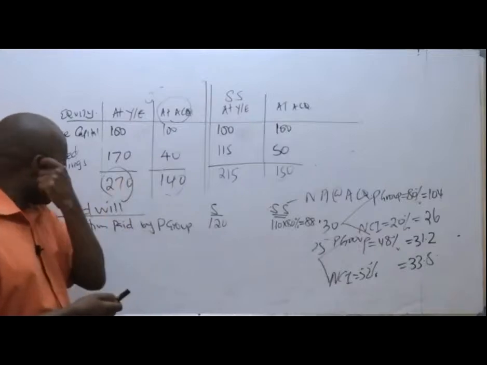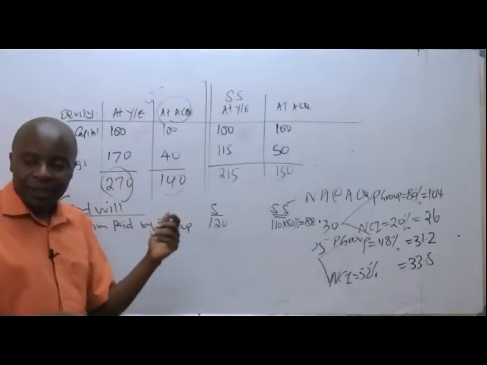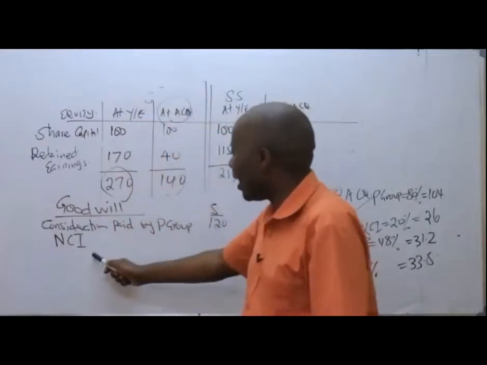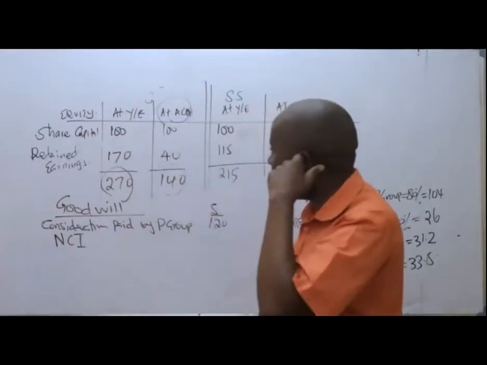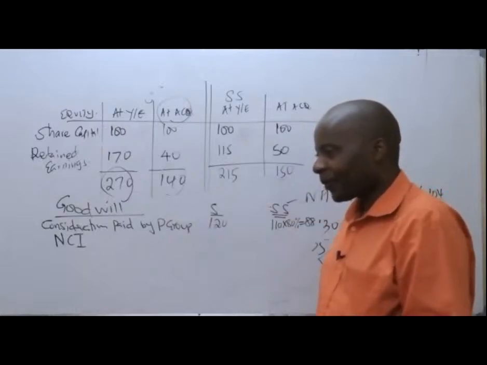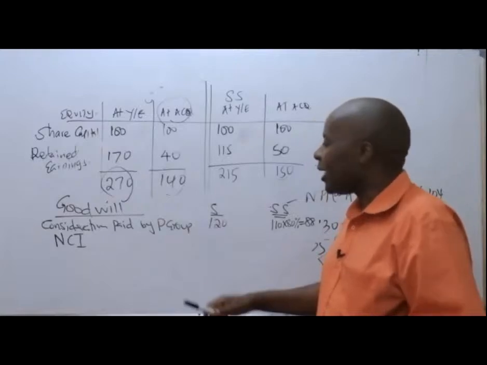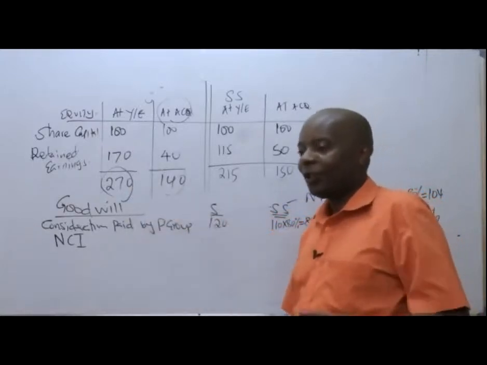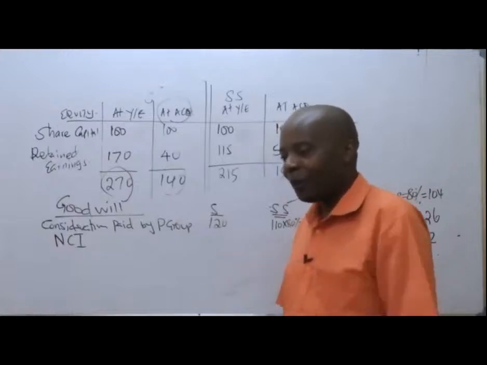So what is 20% of, give me the NCI proportion of the net assets. What do we have? Should I take 20% of 140 or 20% of 270?